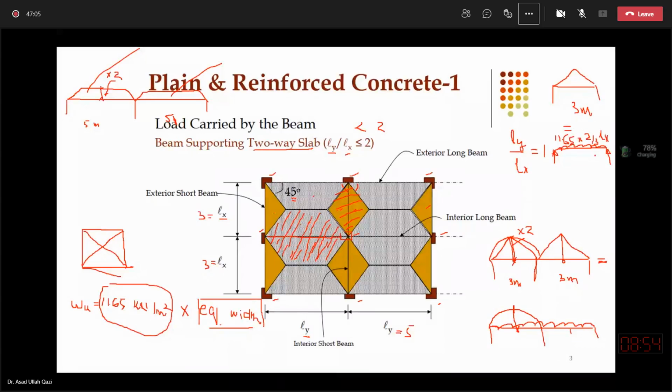So the result will be 11.65 into 2. So the interior short span beam is subjected to around 23 point something kilonewton per meter UDL. And this is how quickly you get the UDL, and you can use this UDL to calculate the moment rather than working on this triangle and calculating the mid-span moment.